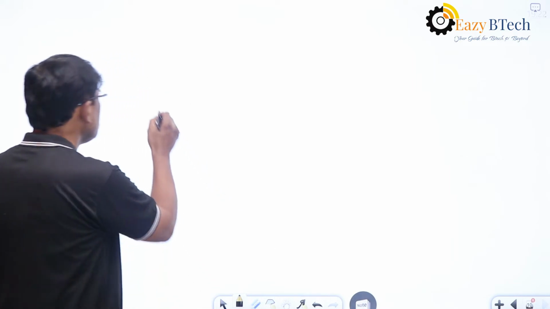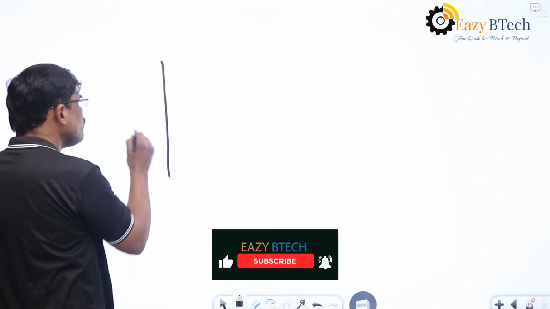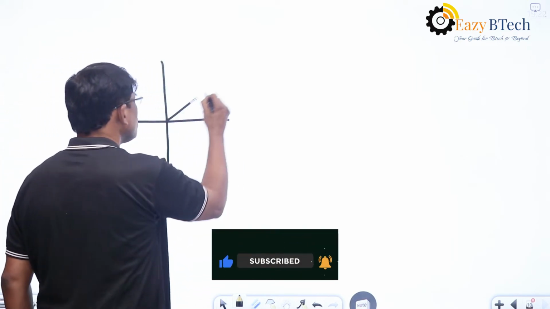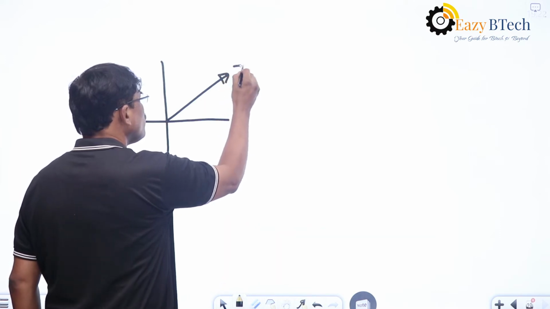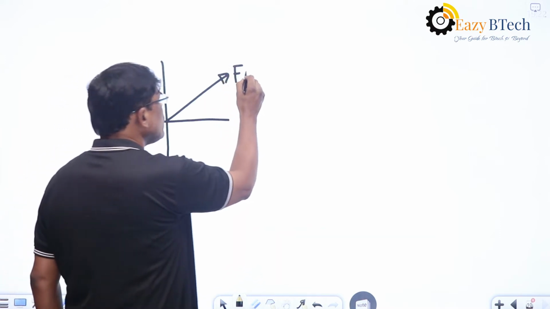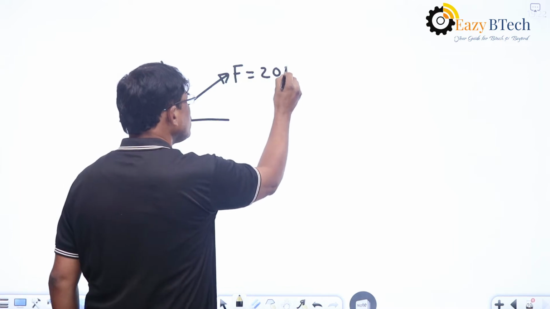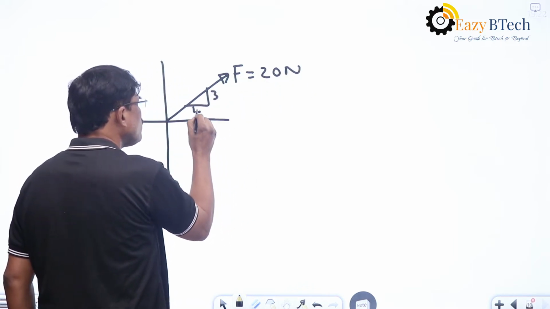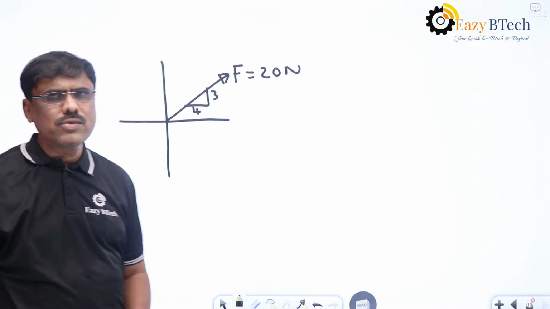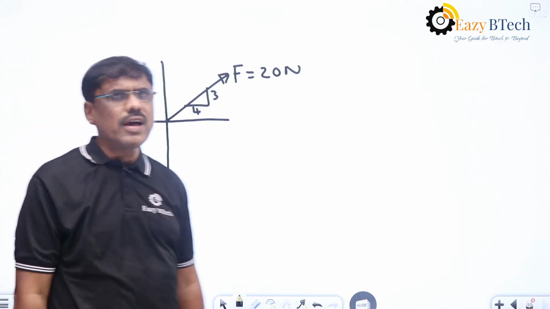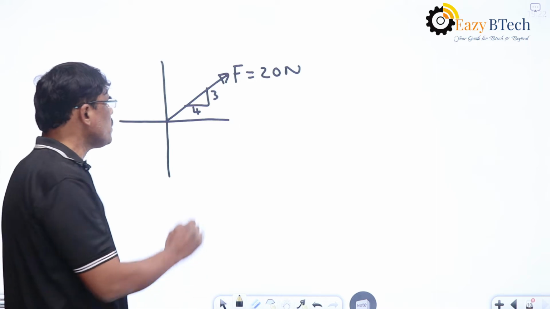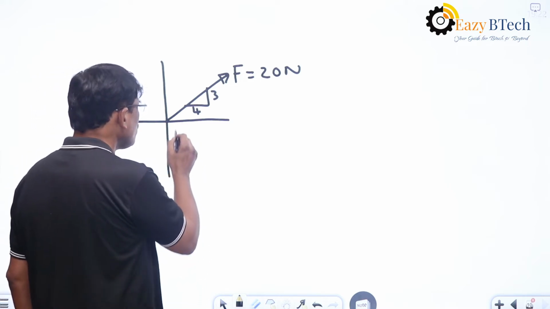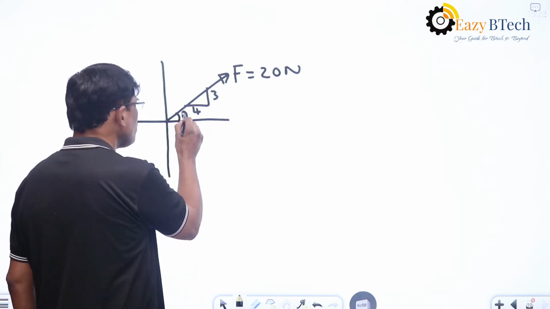And one more example here is, sometimes for a force, let us say you have taken a force F, so F is equal to 20 newtons, and in such a case, let us say slope is given like this. That means in this case, angle is not given. So we should find out this theta.